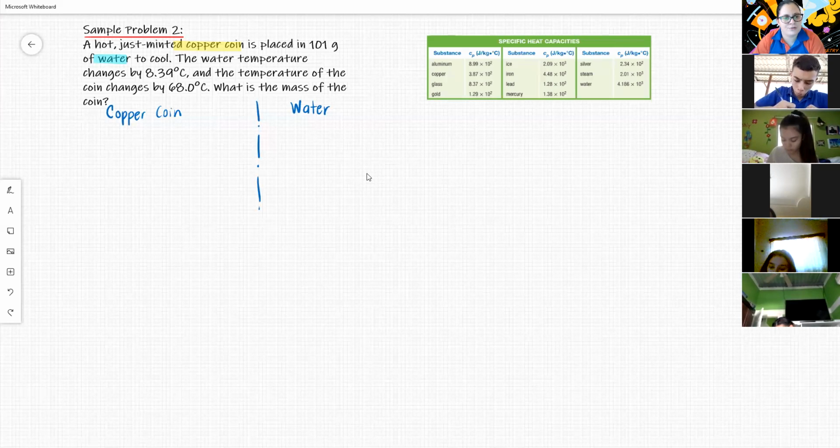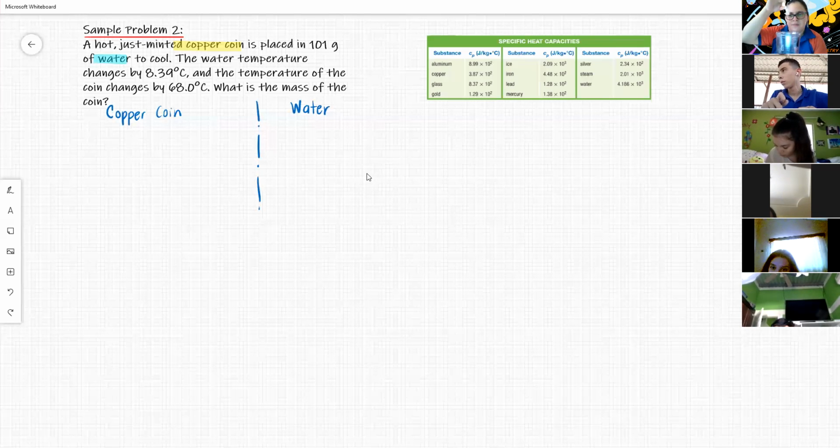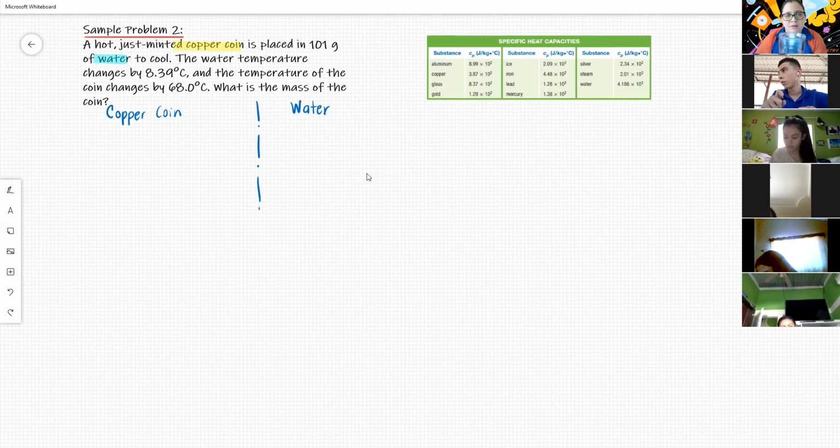Let's picture the situation. Imagine this is the copper coin, and it is placed inside water, a container with water. The reason is that you want the copper coin to be cool. That is the situation that is happening here.